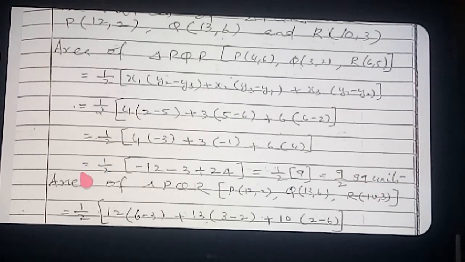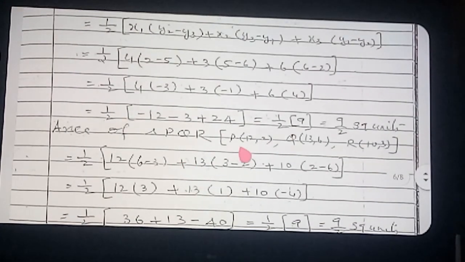Okay. Same way, area of triangle PQR, by keeping C as the origin, the coordinates are written here, find out the area. Coordinates written: P(12, 2), Q(13, 6), R(10, 3). Apply here: 12 into (6 minus 3), then x2, that means 13 into (3 minus 2), plus x3, that means 10 into (2 minus 6).